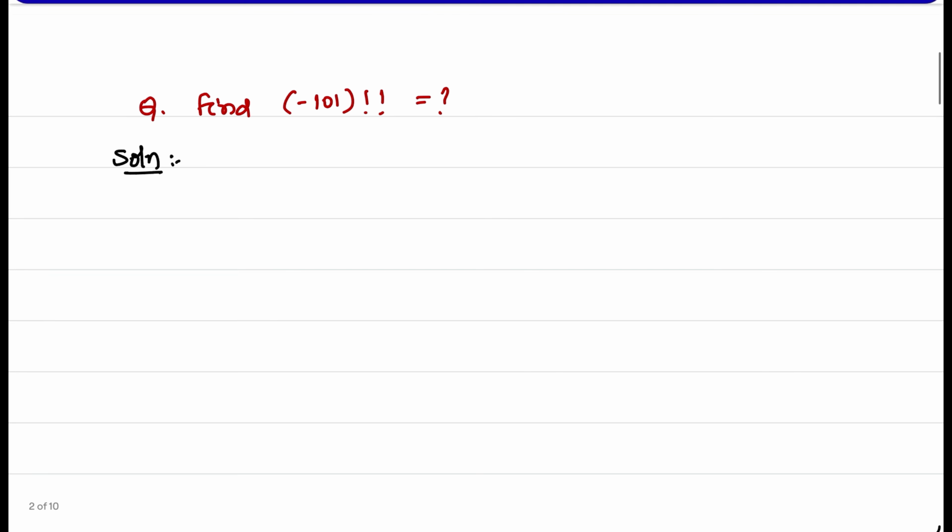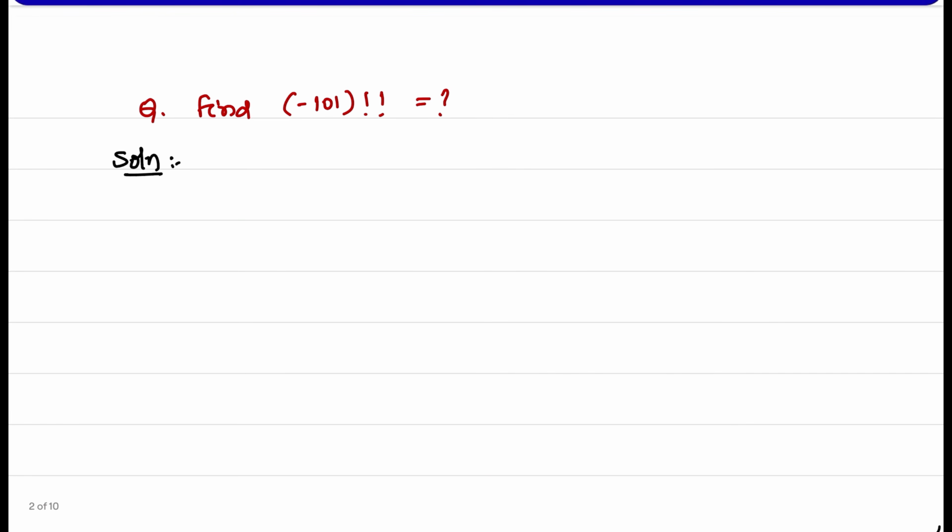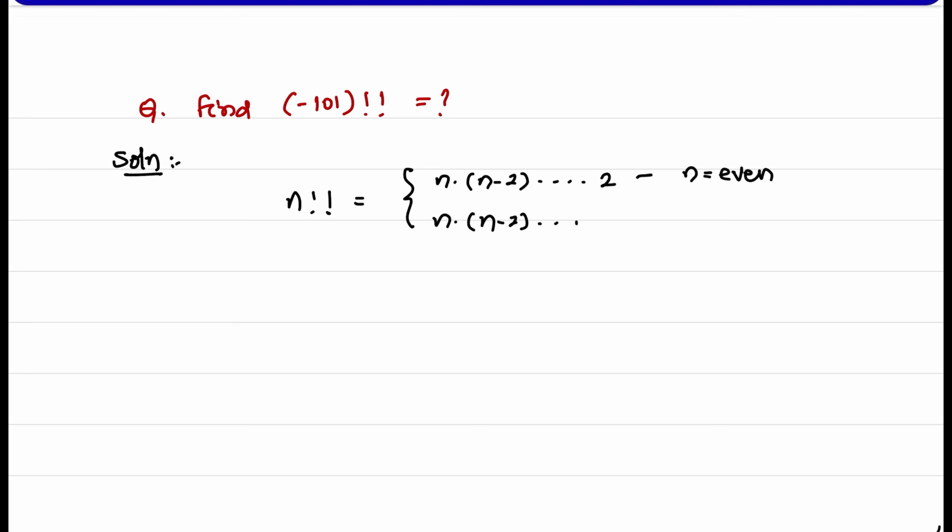First part is to define what a double factorial is. The double factorial of n is defined as n double factorial is equal to n into n minus 2 into n minus 4 up to 2 when n is even, and its value will be n into n minus 2 into n minus 4 up to 1, the last value being 1, when n is odd.